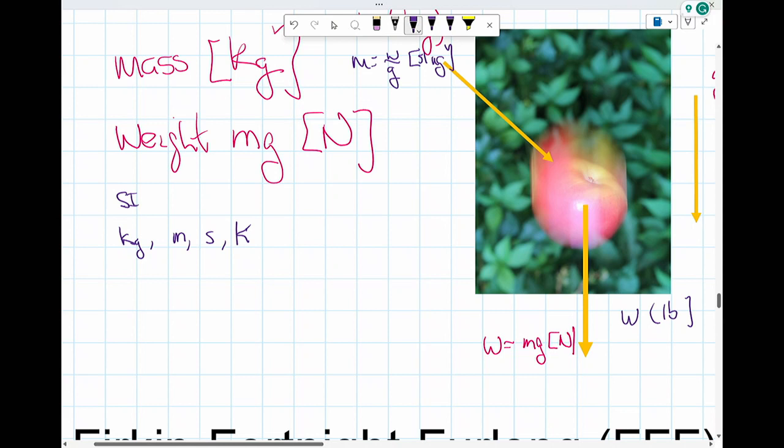And that is a mass, length, time system.